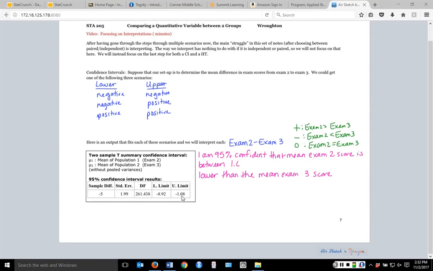So it's between 1.08 points and 8.92 points lower. So now I'm not only telling you that the average exam 2 score is lower, I'm telling you how much lower. So that's how we would interpret an interval that has a negative lower limit and a negative upper limit. The negative we take care of with the word and the interpretation that we use here. Once we take care of that part of the negative, we don't have to worry about it in the numbers up here.